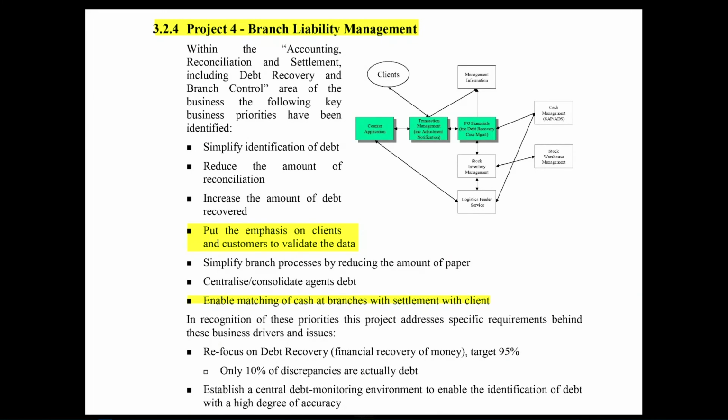They'll be matching the data that they get from branches through Horizon with the data that's provided from the clients. Right. But then this document from Fujitsu is seeking to suggest that clients and customers, they've got to validate the data. What does that mean to you? It doesn't mean anything to me, and maybe Fujitsu haven't understood the terminology that the post office would use.